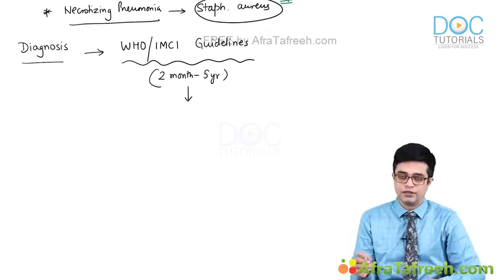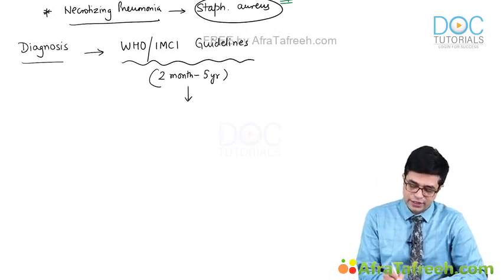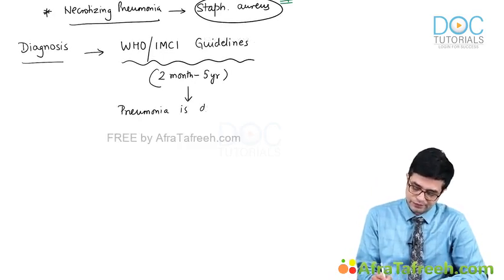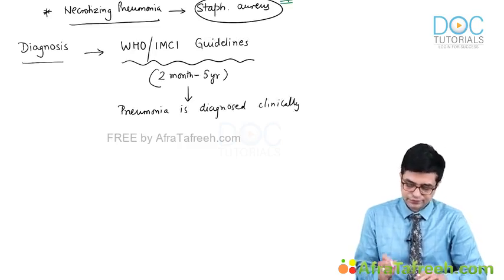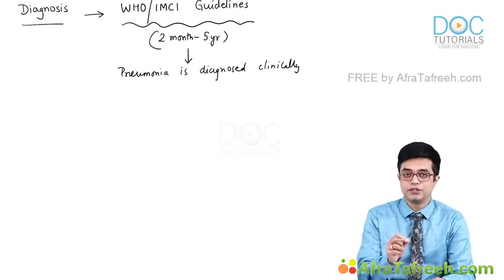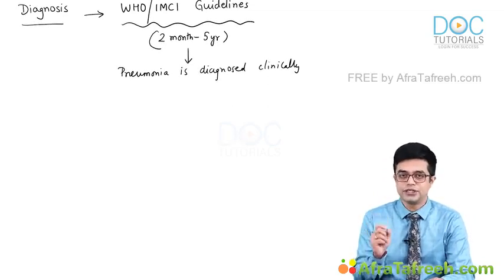So how do you classify pneumonia in these children? Here, pneumonia is diagnosed clinically. So, what is the criteria? It says that first of all, there should be some fever or any respiratory feature in the child.